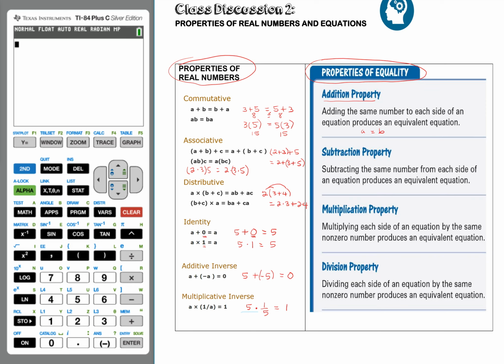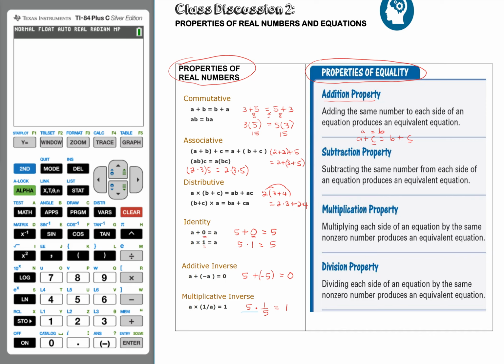And if you add a number on both sides, you have a plus something, you have b plus something, provided it is the same number. So I will say I add c on both sides. Still the two sides will be equal. We call that the addition property of equality.